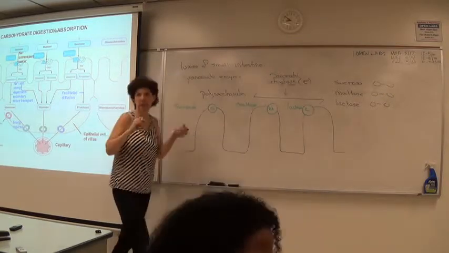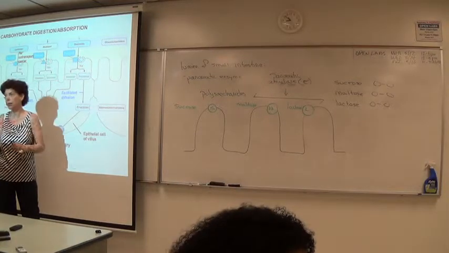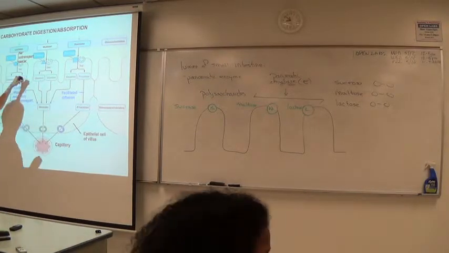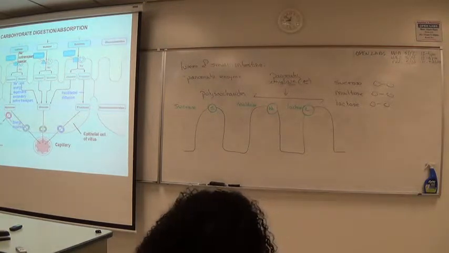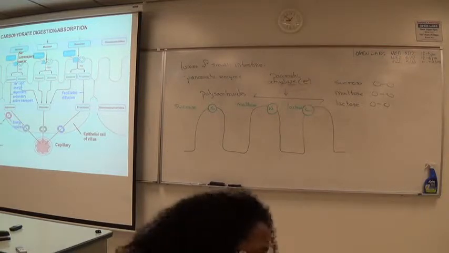And the enzymes are going to bind to sucrose, maltose, and lactose, strain that energy bond, all right, and split it into the products that we described earlier, glucose and galactose, glucose and fructose, glucose and glucose.